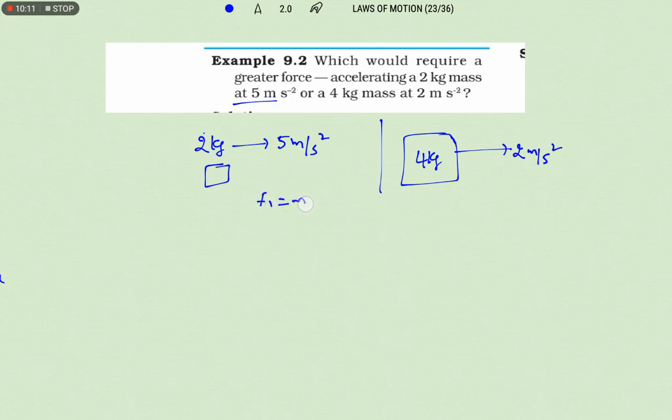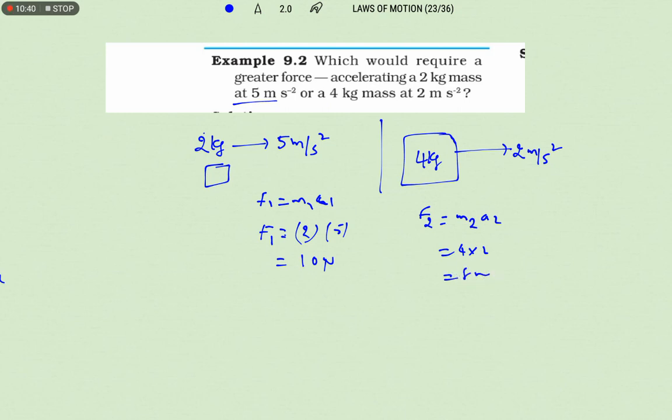F1 is equal to m1 a1. So m1 is 2 into a1 which is 5, therefore 10 newtons. Then what about F2? F2 is equal to m2 a2, 4 into 2, 8 newtons.